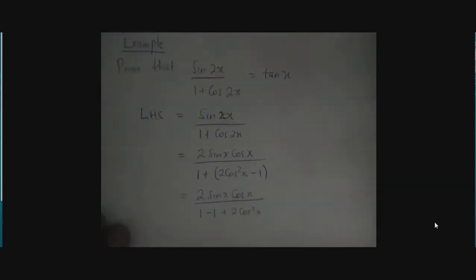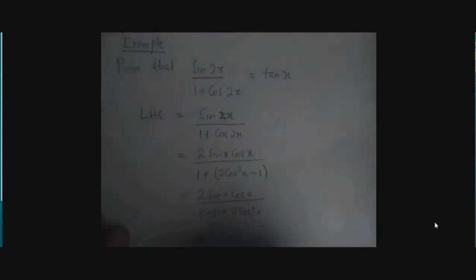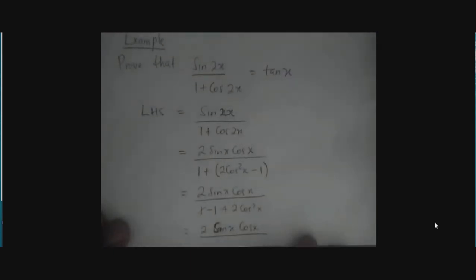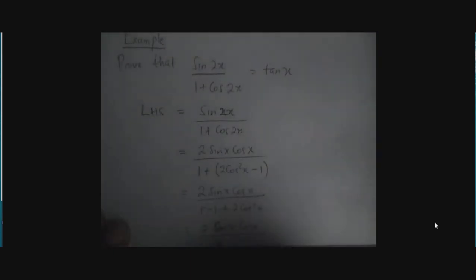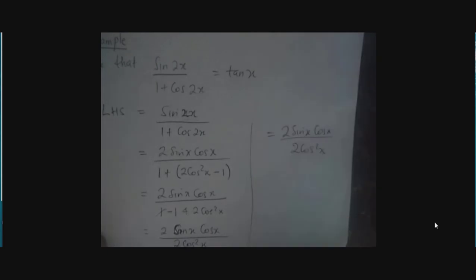Okay, fine. So the 1 and the 1 will go. Then I'll be left with 2 sine x cos x over 2 cos squared x.